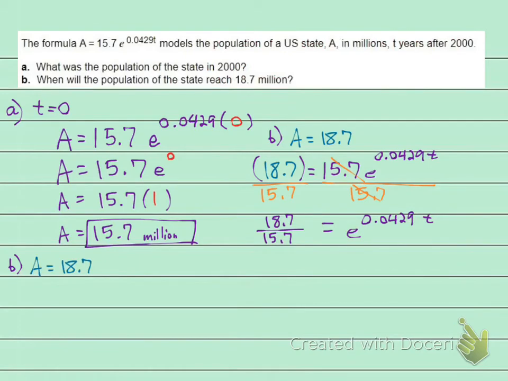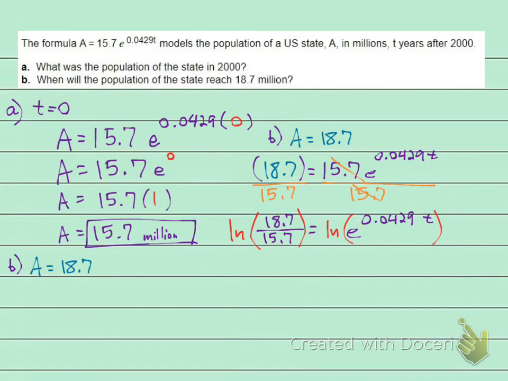both sides. Okay, let me move this equal sign over to the left a little bit. So at this point, I'm going to take the natural log of the left side, and the natural log of the right side. Now why did I do that? Because I know that the natural log of e to a power is just that power. It's going to bring it back down to earth.